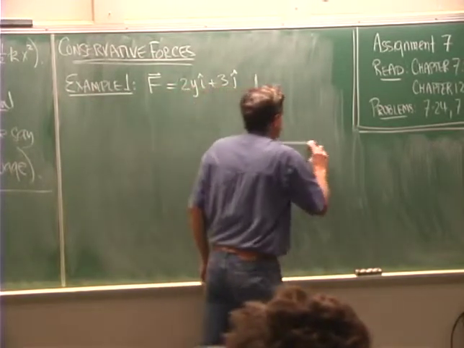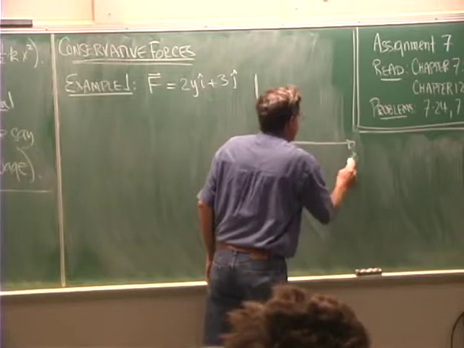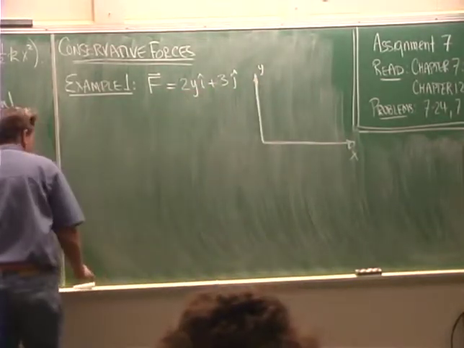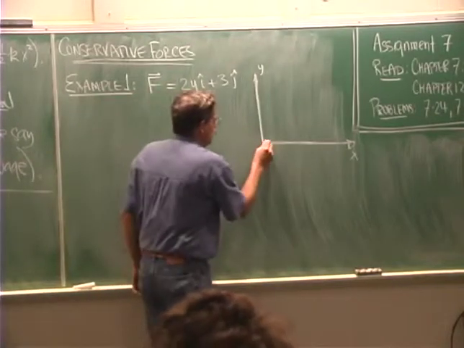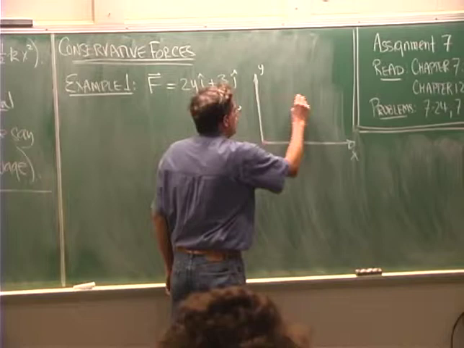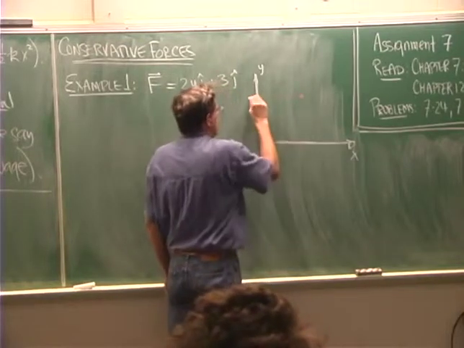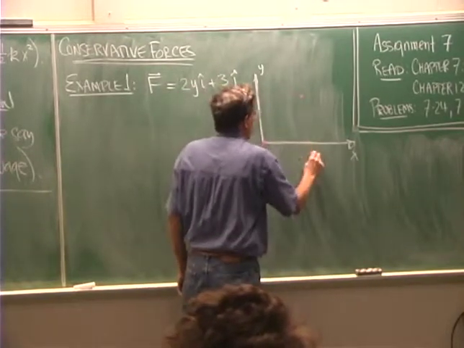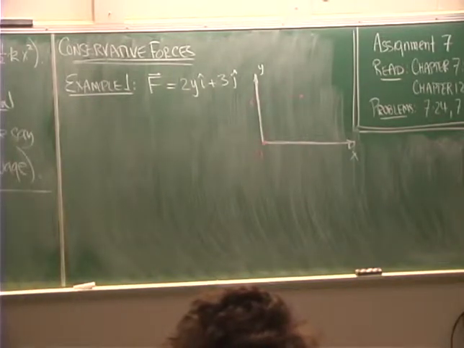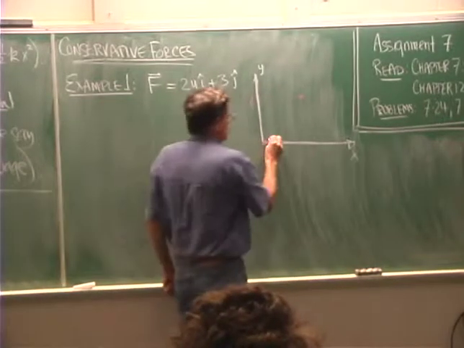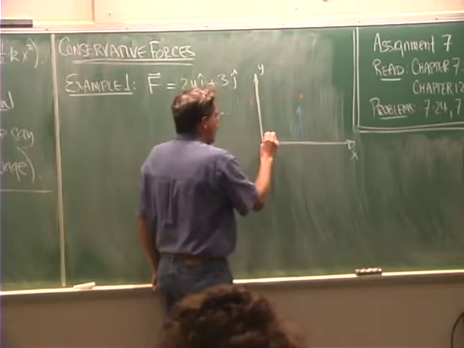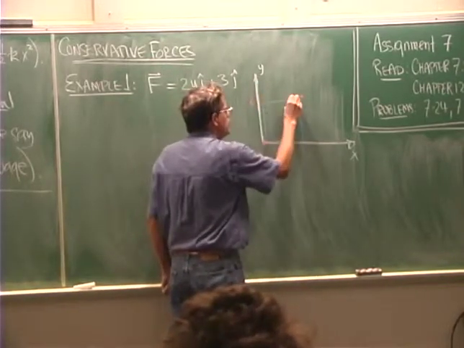Now I'm going to ask you a peculiar question. Here's x, and here's y. And I propose to go from the origin, A, out to the point 2, 2. And I'm going to do that by two different routes. First, I'm going to go out by this route. We'll call that route 1. And then in a moment, I'm going to go out by this route.